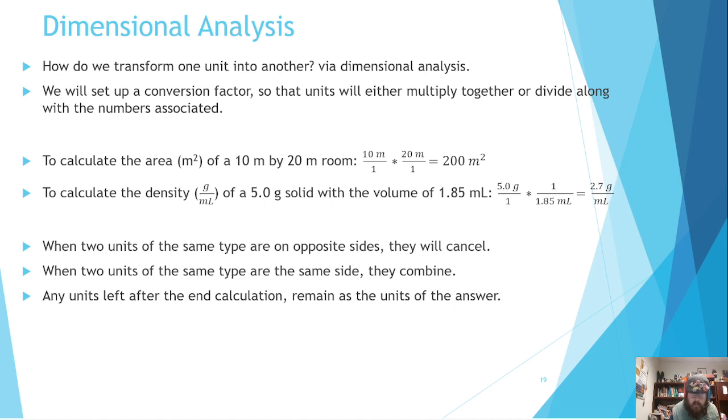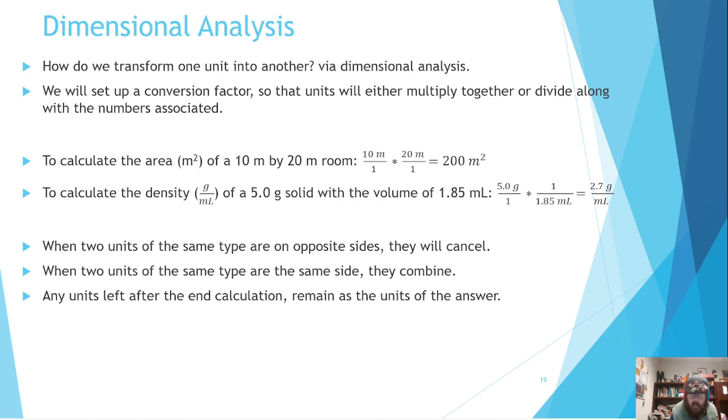If I'm calculating density, density is grams per milliliter. If I have 5 grams of solid and a volume of 1.85 milliliters, to get density in grams per milliliter, I am dividing 5 grams over 1 by 1.85 milliliters over 1. 5 times 1 is 5. 1 times 1.85 is 1.85. 5 divided by 1.85 is 2.7.